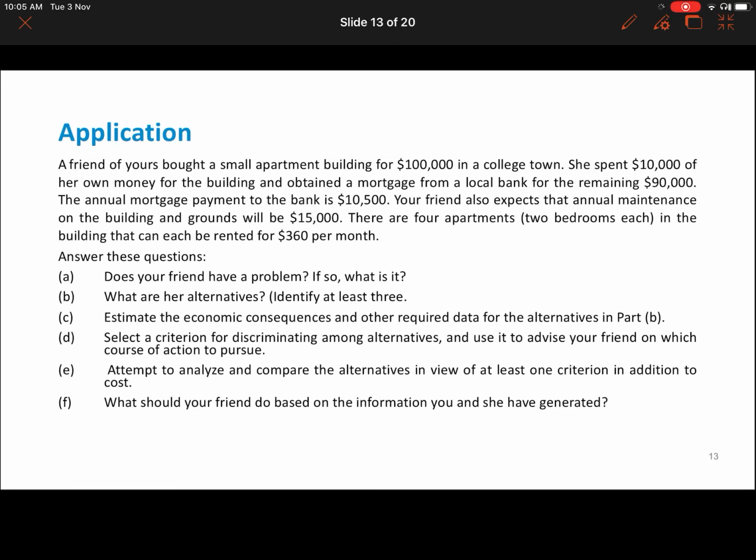Attempt to analyze and compare the alternatives in view of at least one criterion in addition to cost. What should your friend do based on the information you and she have generated?